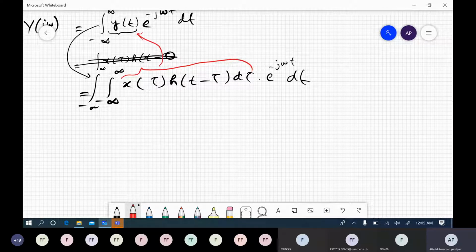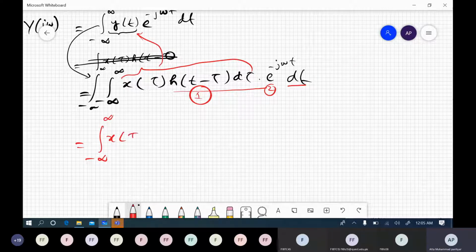Now if we interchange the integrals, this dt is associated with only these two signals, so we can rearrange the integrals. X of tau is not associated with this dt.